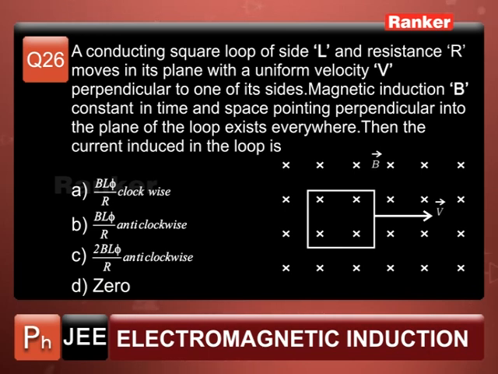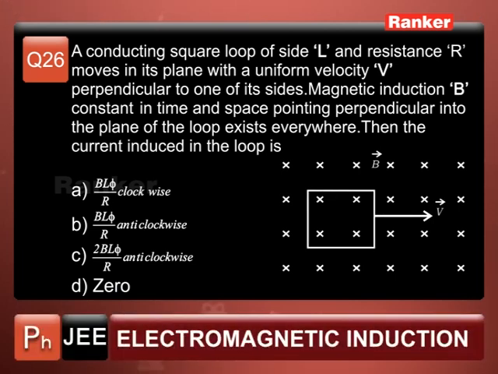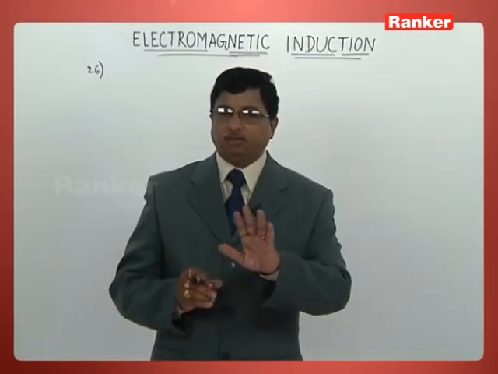Observe that wording, magnetic induction B constant in time and space, pointing perpendicular into the plane of the loop, exists everywhere. Then the current induced in the loop is how much? He has given us 4 options.